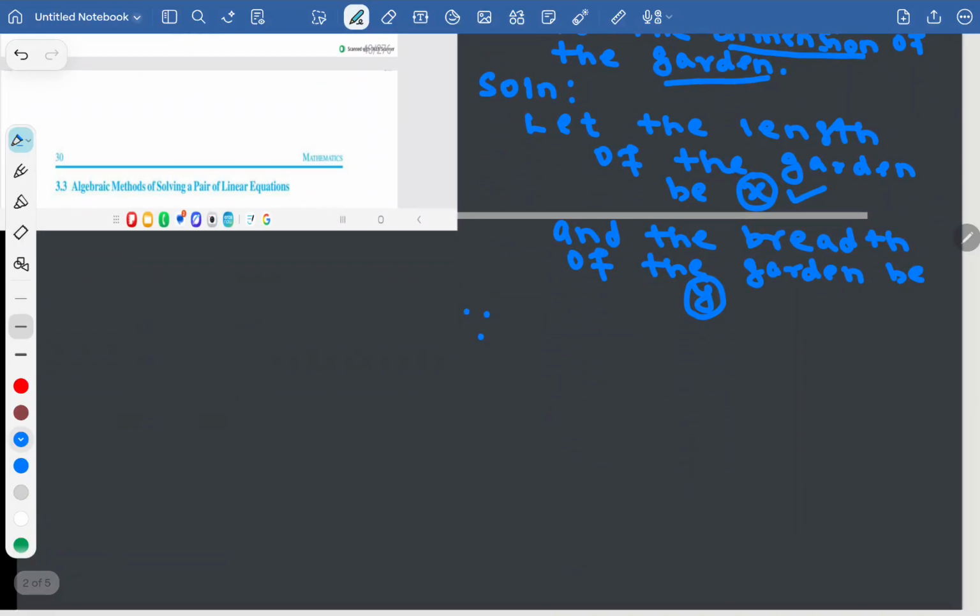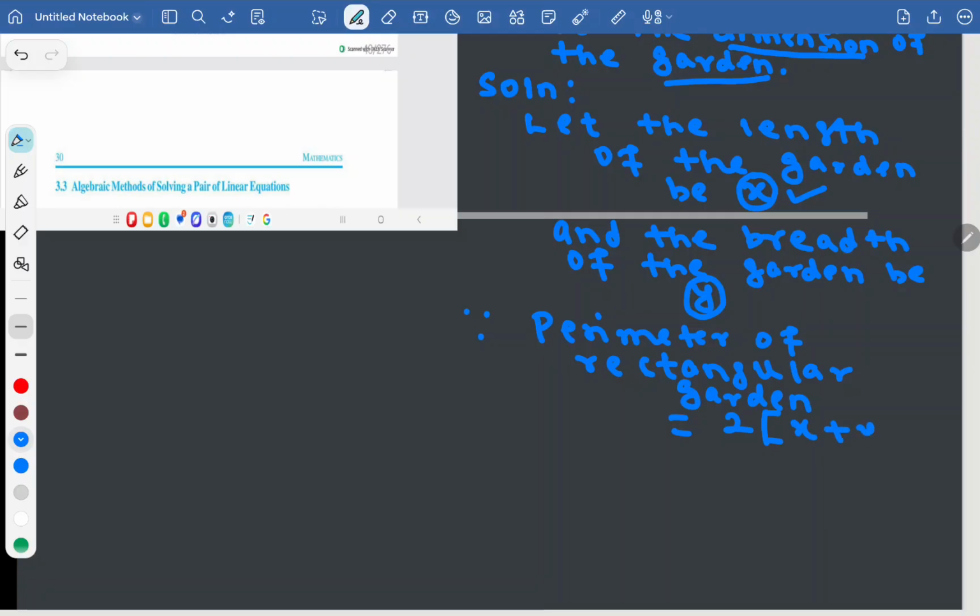We know very well the perimeter of a rectangular garden is 2 times (L plus B), length plus breadth. But here length is x, breadth is y, so 2 times (x plus y).